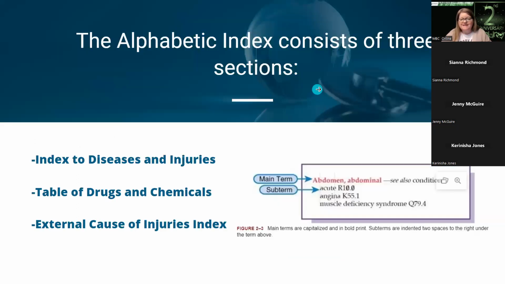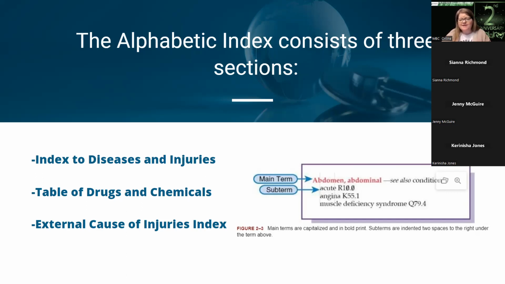So the alphabetic index consists of 3 sections: the index of diseases and injuries, the table of drugs and chemicals, and the external cause of injuries index. And y'all, flip through that external cause of injury index sometimes and just giggle, because there are diagnosis codes, they want you to be so specific.